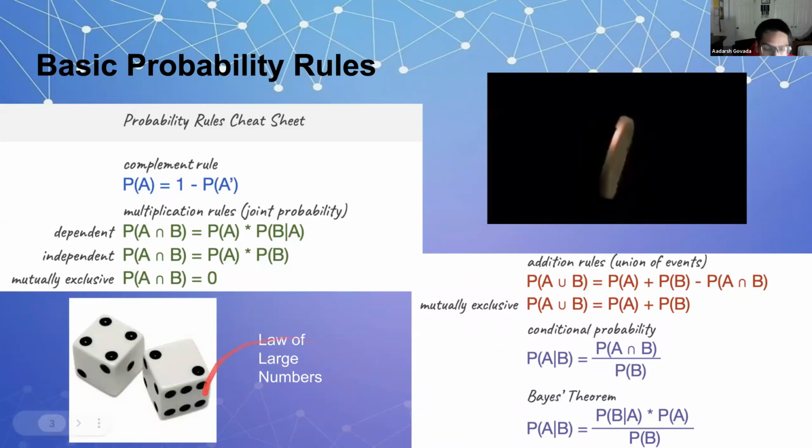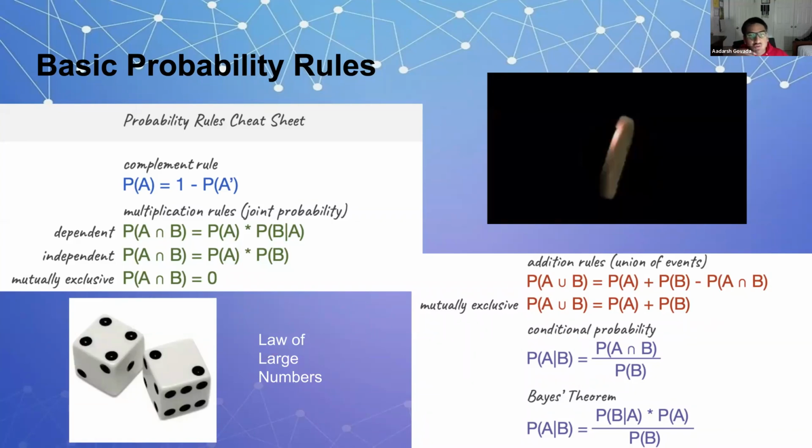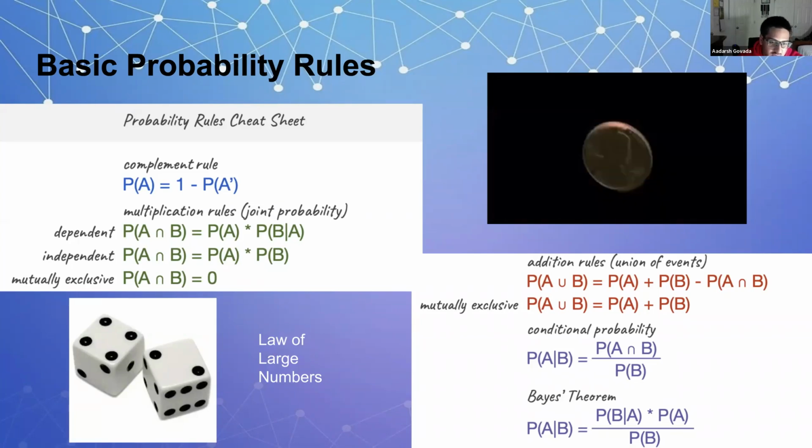I just wrote that in to remind you that probability means the long-term ratio of an event happening. So basically, if you flip a coin 2 times, it might not be heads and tails. It might not be a 0.5 frequency of getting heads or 0.5 frequency of tails.